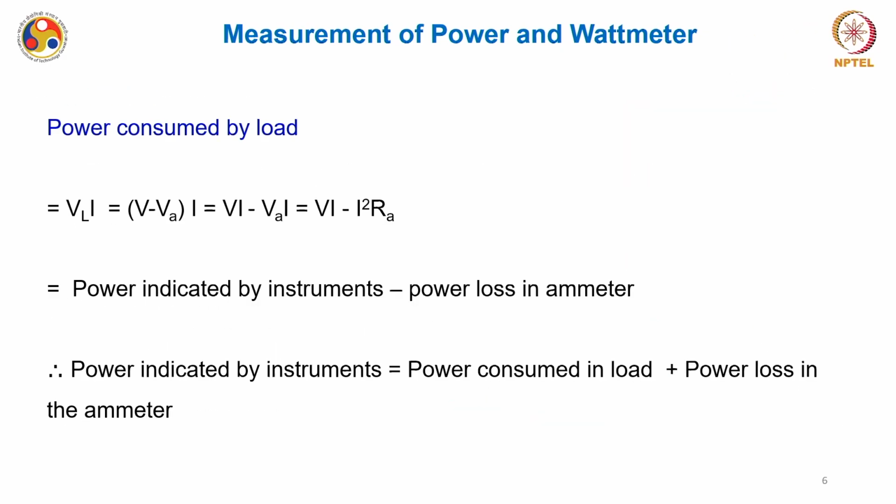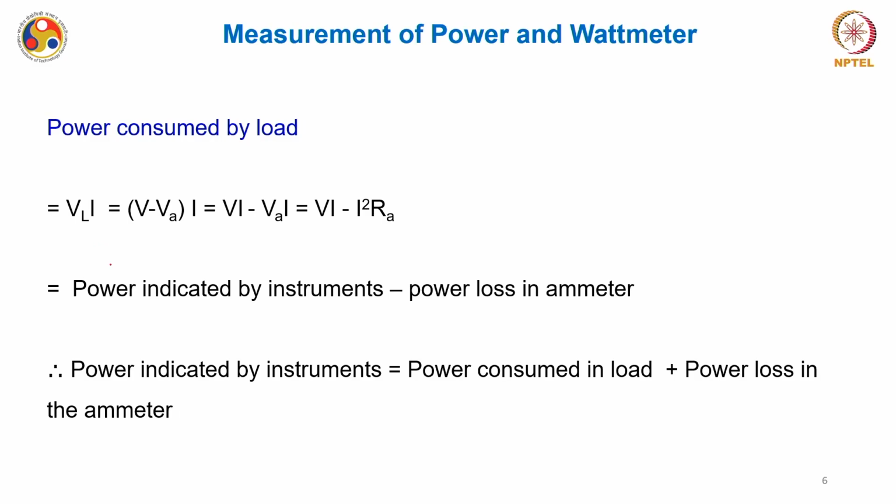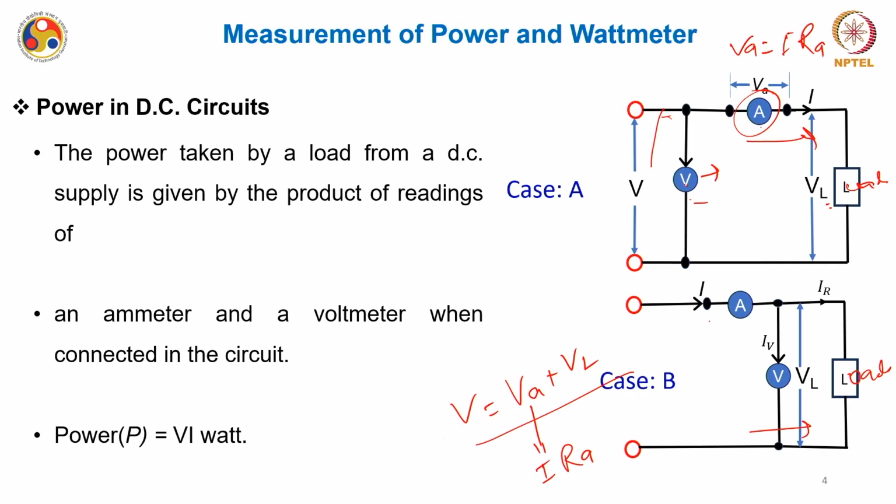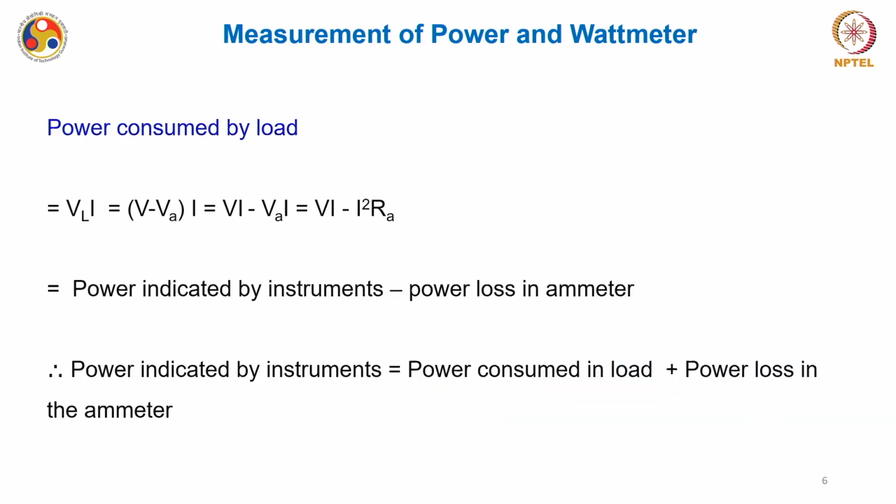Now the power consumed by the load, because we are interested in power here, will be equal to the load voltage VL into the current flowing through the load, which is I. So this will be equal to VL into I. And VL from this equation, I am calling this equation 1. If I want to calculate this VL, the VL will be equal to V minus VA, right?